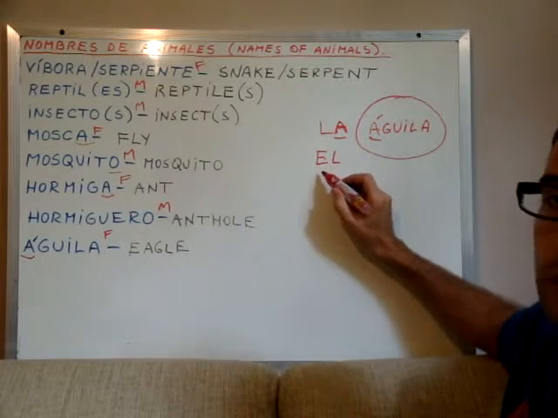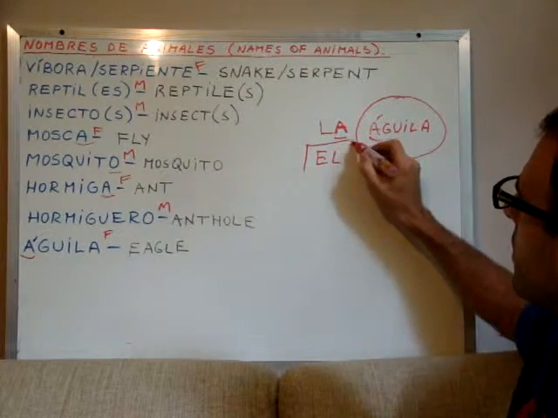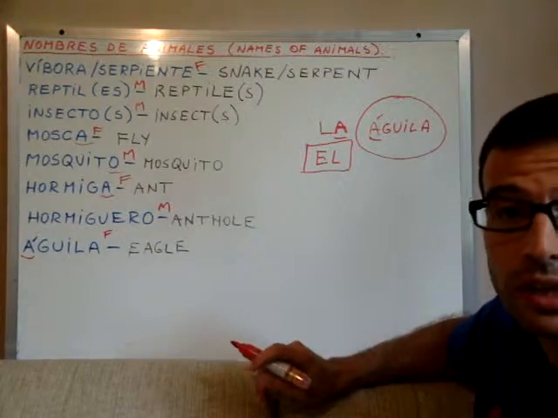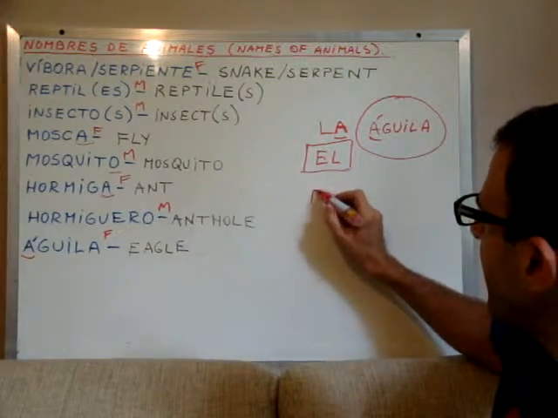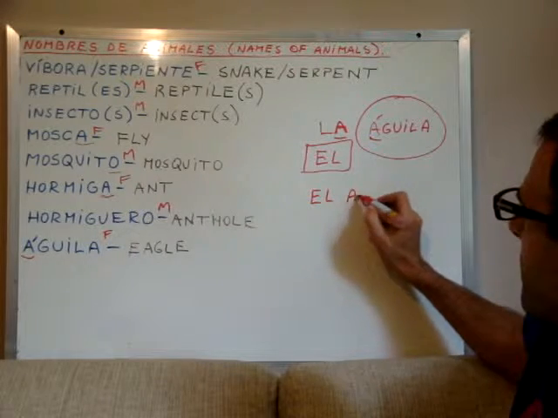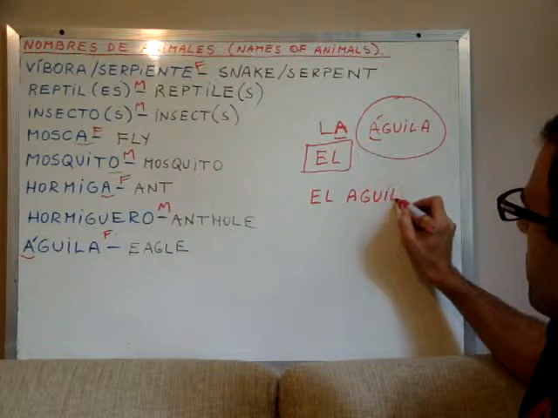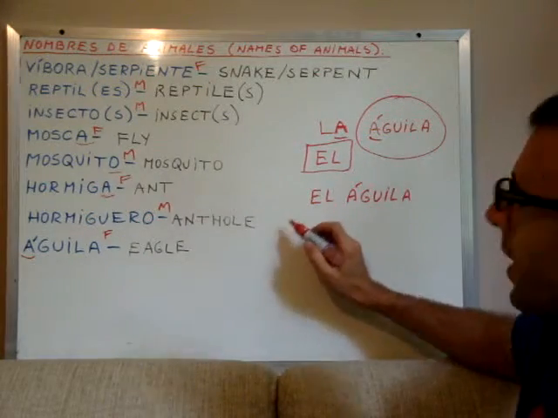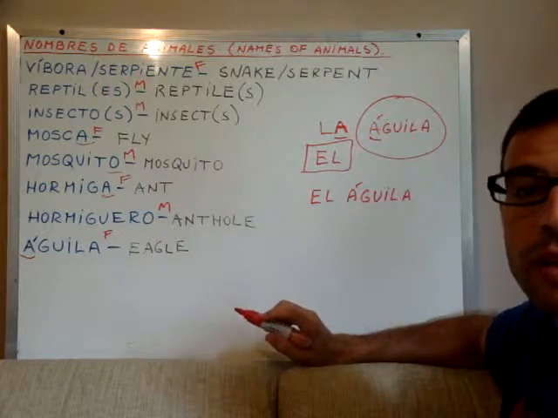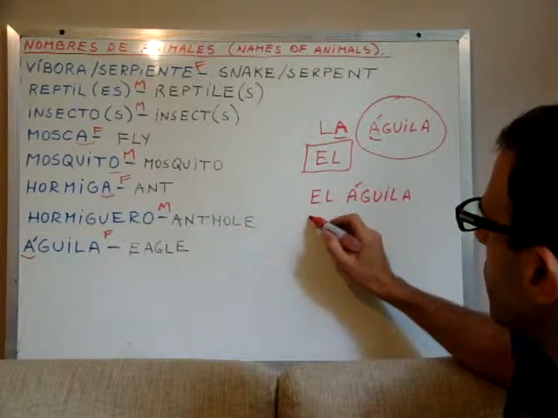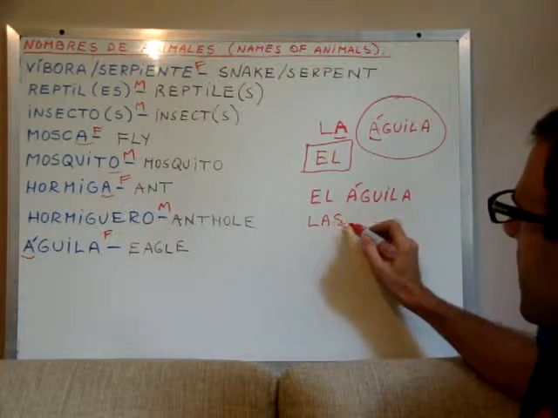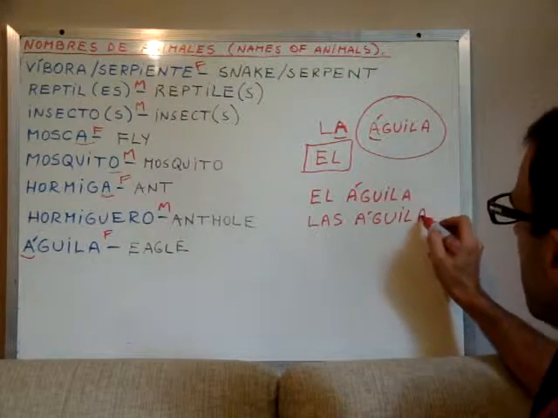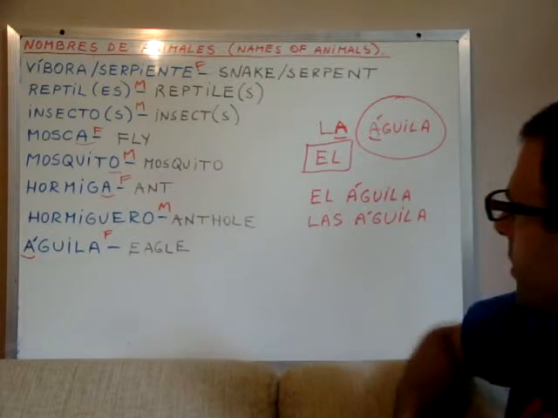the masculine singular article, okay? So when we want to say an eagle, we say el águila, right? El águila. However, when we say the plural of eagle, the eagles, we switch to feminine, las águilas, because actually águila is a feminine noun.